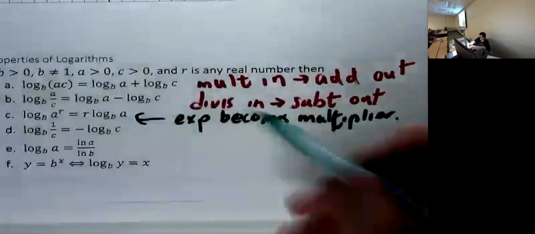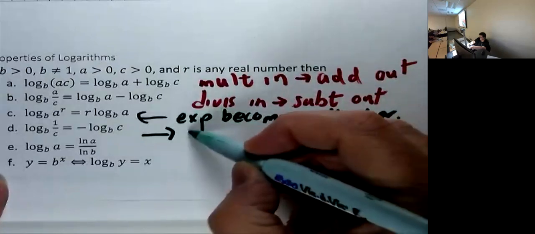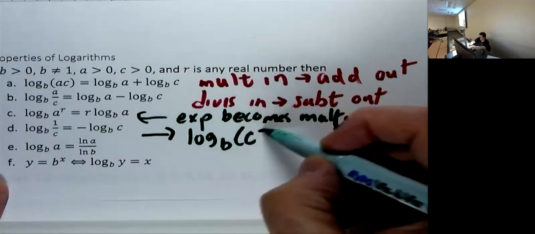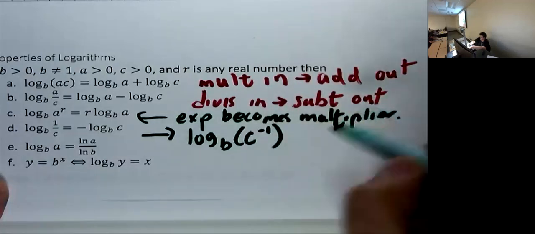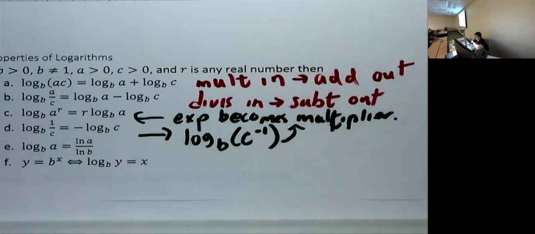Line d is just a subset of line a if you look at writing that as c to the negative 1. So this is really a subset of that one. You rewrite it as a negative exponent, and then you pull the negative exponent up front, bam.